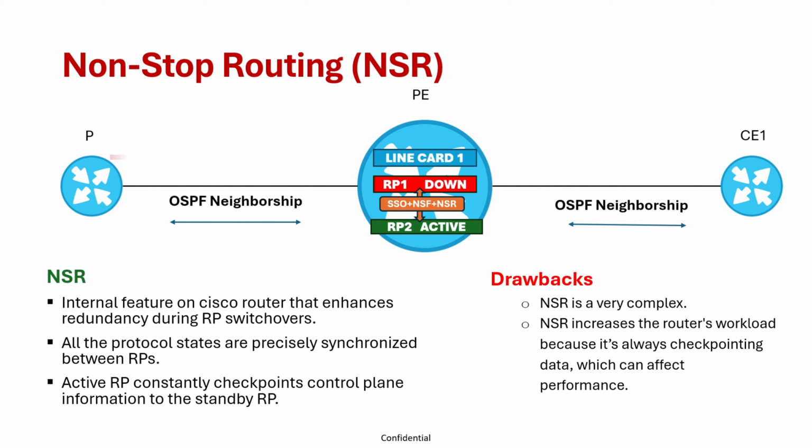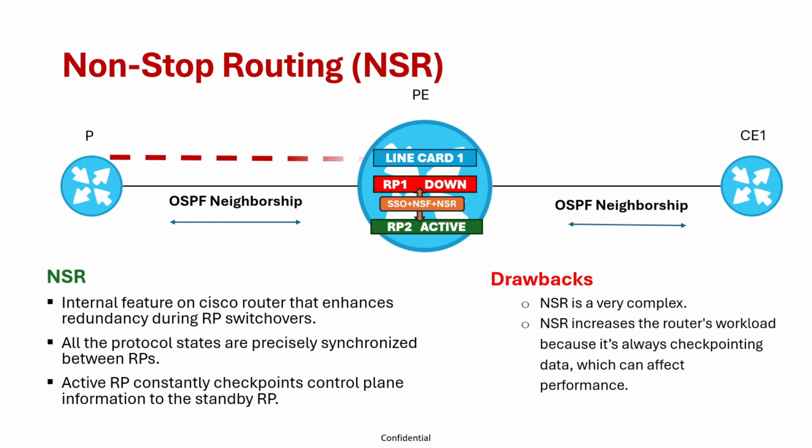And then NSR is the most independent solution. It maintains full routing continuity without relying on neighbors, but at the cost of high router resource utilization.